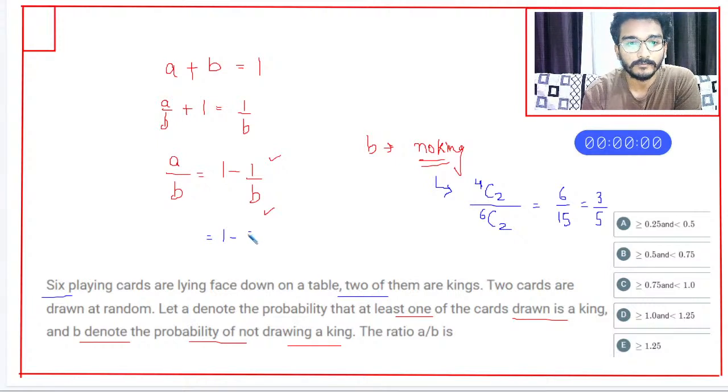Sorry, it is going to be negative. I did some mistake here. This is 1 by B minus 1. Yeah, calculation mistake. So this is 1 by B, that is 5 by 3 minus 1, which is 2 by 3.